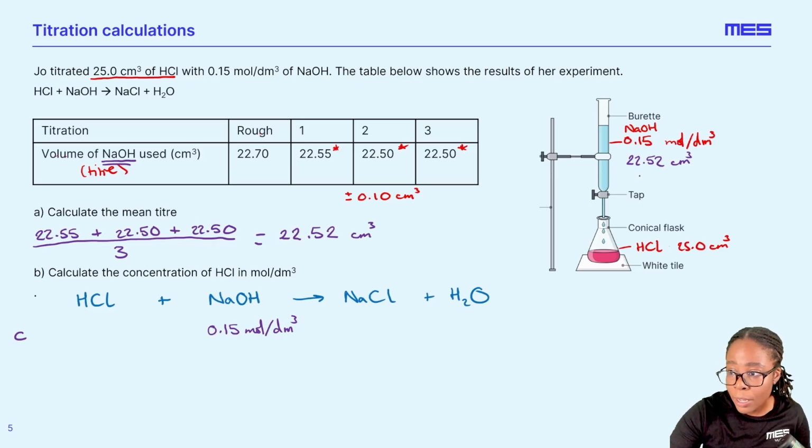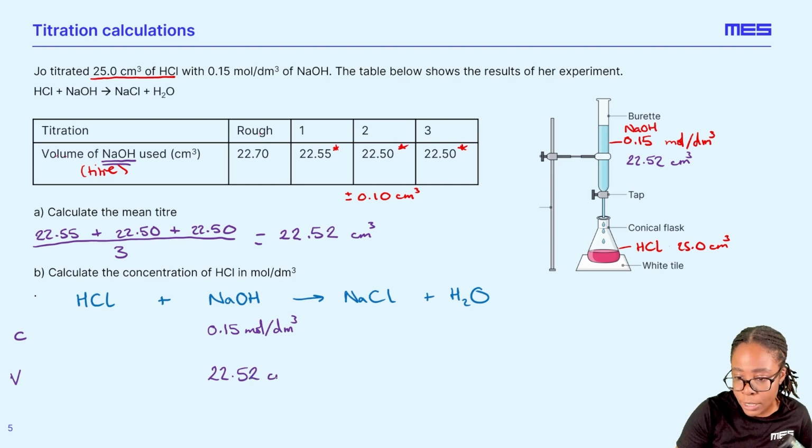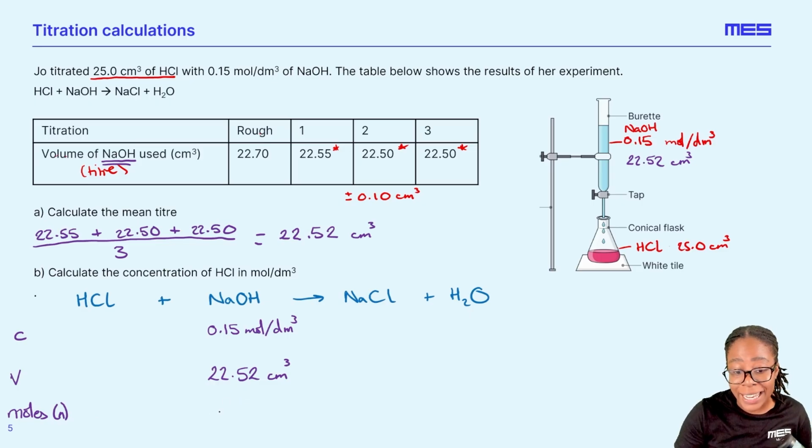And from the mean titer, I've got the volume of sodium hydroxide that was needed, which is 22.52 centimeters cubed. Now from that, I can calculate the number of moles. I'll put moles, even though I'm going to use n later on, right? To calculate moles, number of moles is equal to concentration times volume. So that will be 0.15 as our concentration multiplied by 22.52 divided by 1,000.